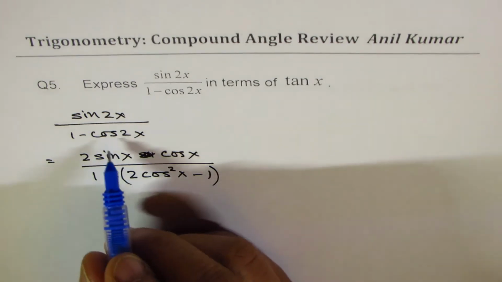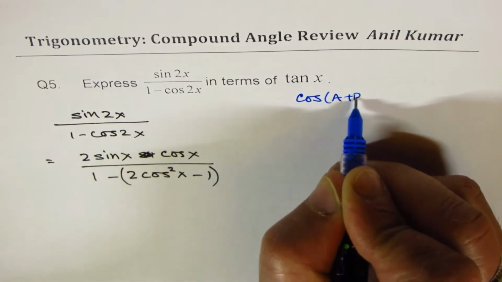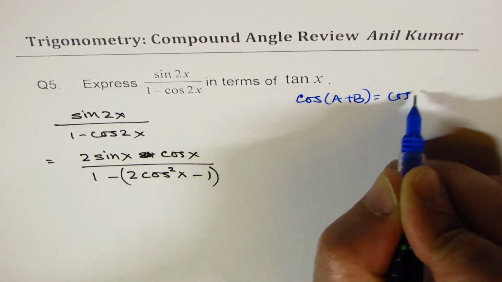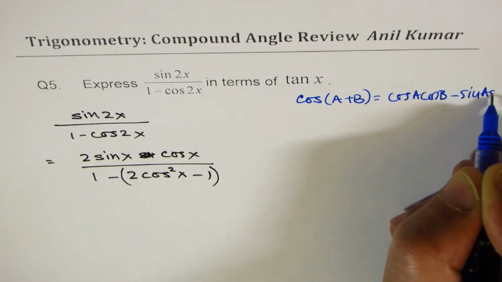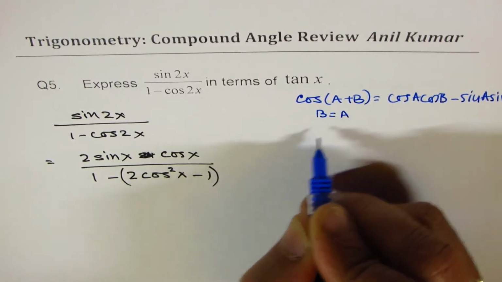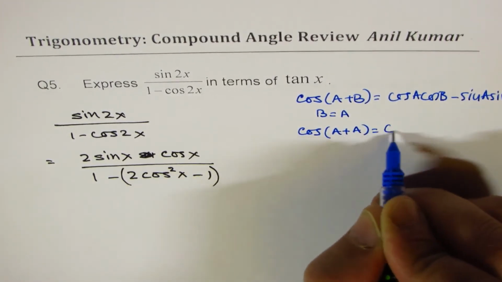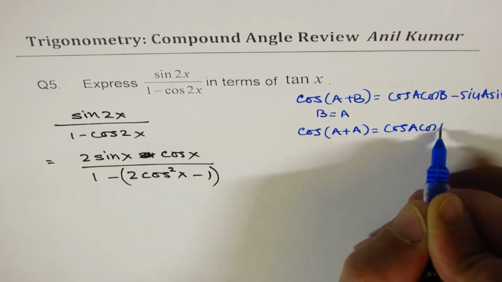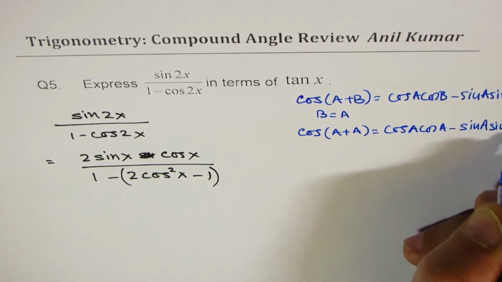Well, you did this formula like cos a plus b is cos a cos b minus sine a sine b, right? If I write b equals to a, I get cos of a plus a equals to cos square a minus sine square a, correct?